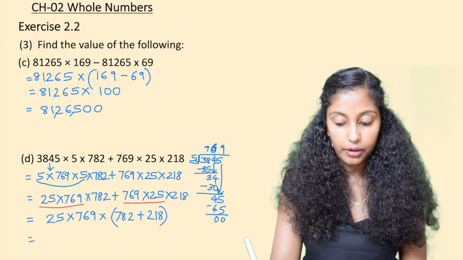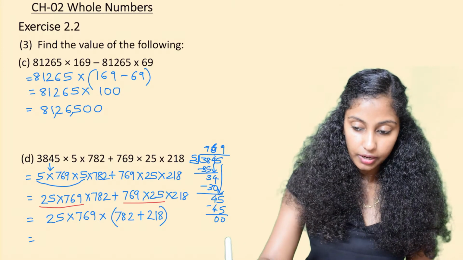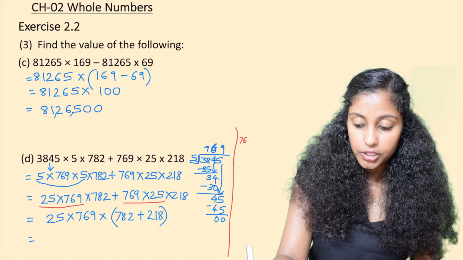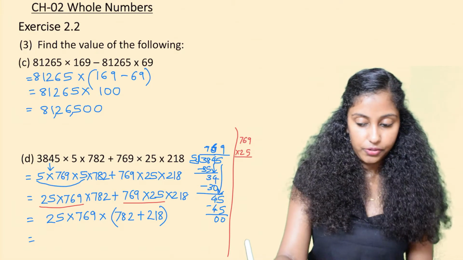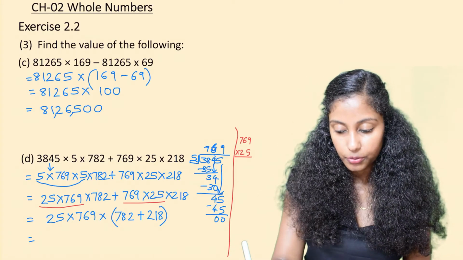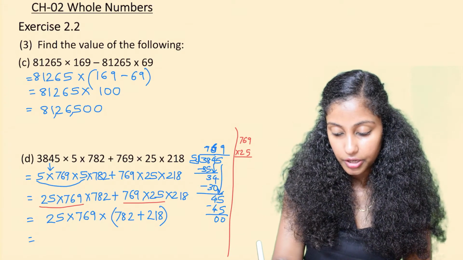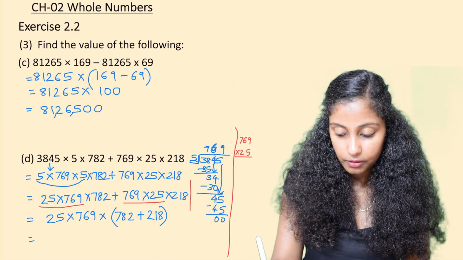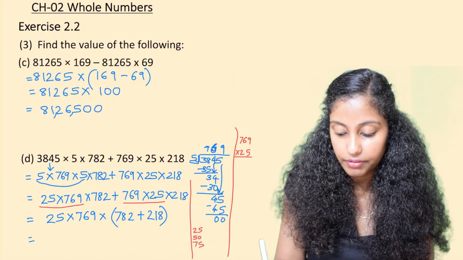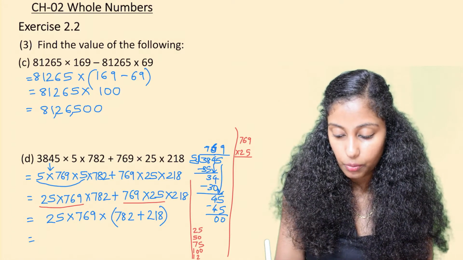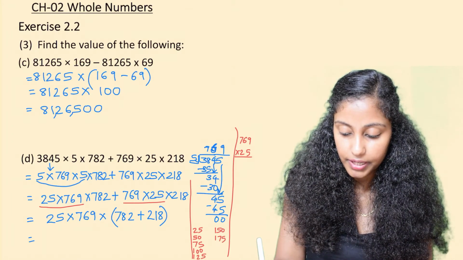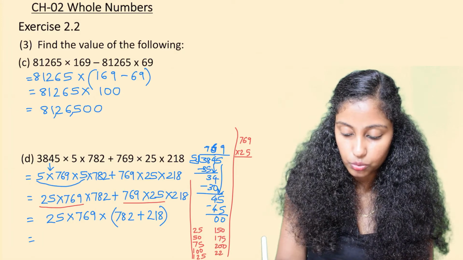So for that what we are going to do is we are going to write the table of 25 so that our work will be very simple. So for that table of 25 we will write here 25 ones are 25, 2s are 50, 3s are 75, 4s are 100, 5s are 125, 6s are 150, 7s are 175, 8s are 200, 9s are 225.